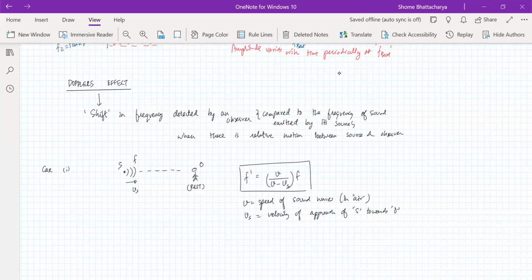But similarly, if the source is moving in such a way that it's receding or moving away from the stationary observer, now the frequency becomes less.